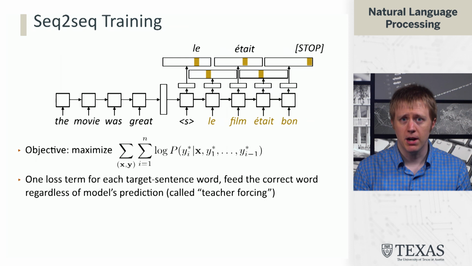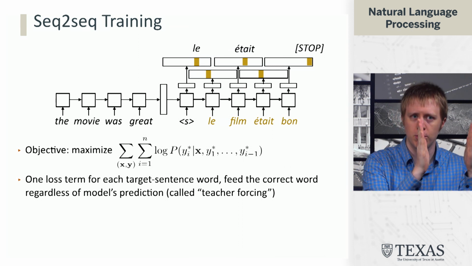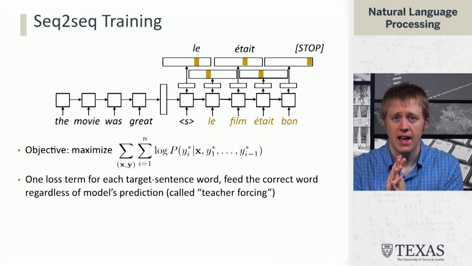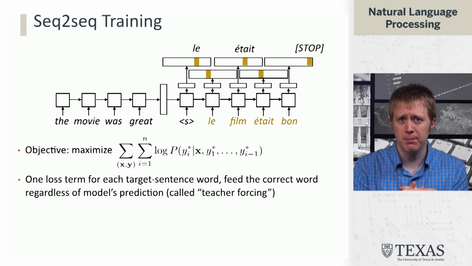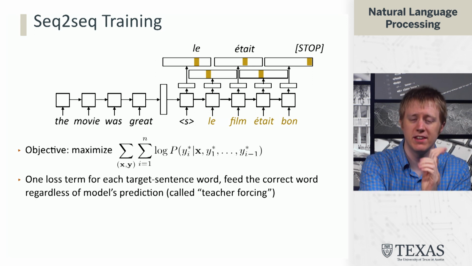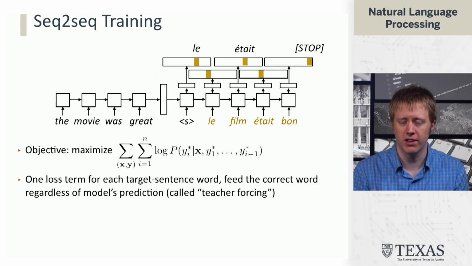For Seq2seq models, what we're trying to do at the end of the day is predict a good output sequence Y conditioned on the input X. And we don't care as much about, if the whole Y up until this point were correct, what's our best prediction for the next Y?